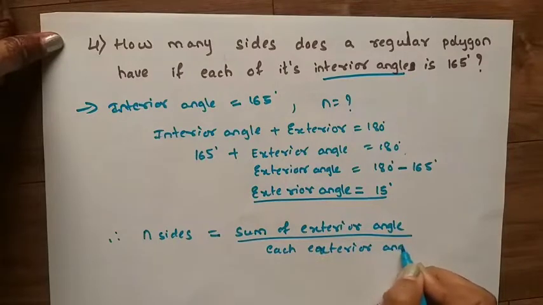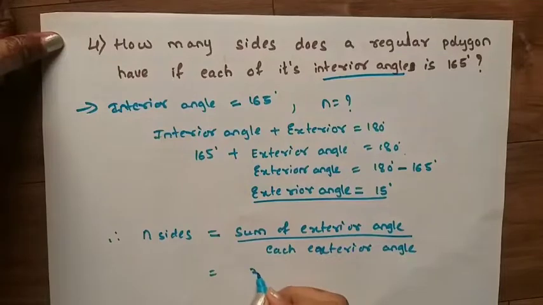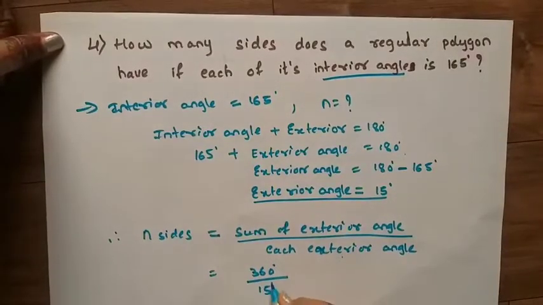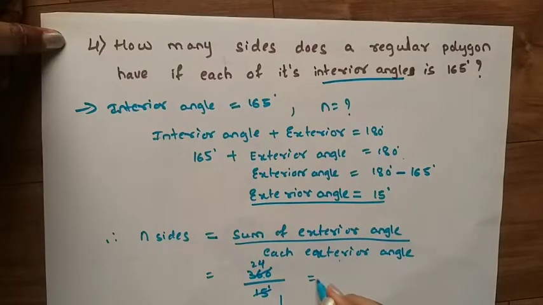The sum of exterior angles is always 360 degrees. Each exterior angle value is 15 degrees. So now let's divide. 15 ones are 15, 15 twos are 30. The remainder is 6, this becomes 60. So 15 fours are 60. So here 24. The answer is 24.